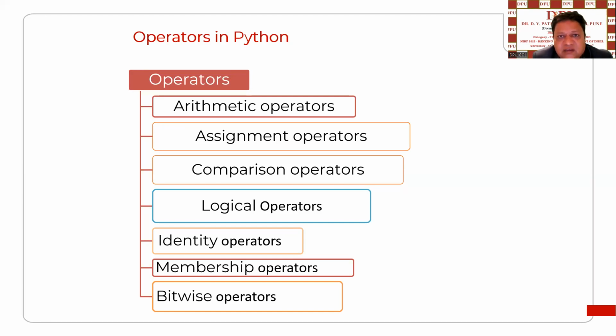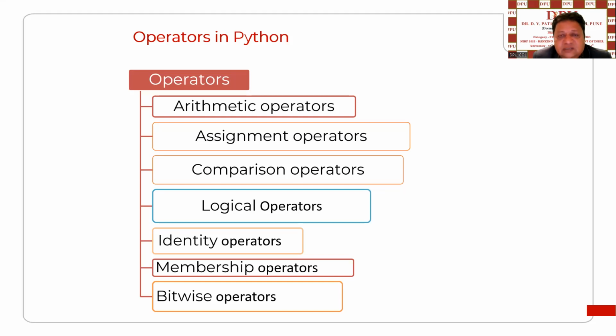Now I want to check whether the number 7 is present in the list or not. So I can use the membership operator. Whether that given number is present in your list or not can be checked with the help of the membership operator. In and not in are the two membership operators that we can use.